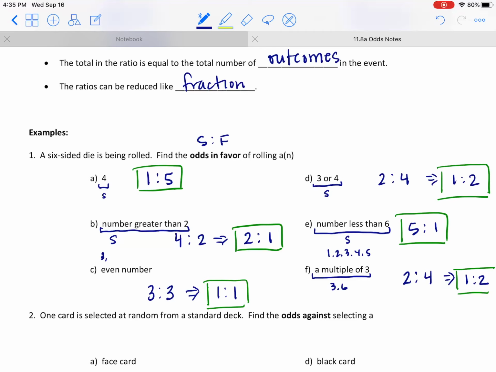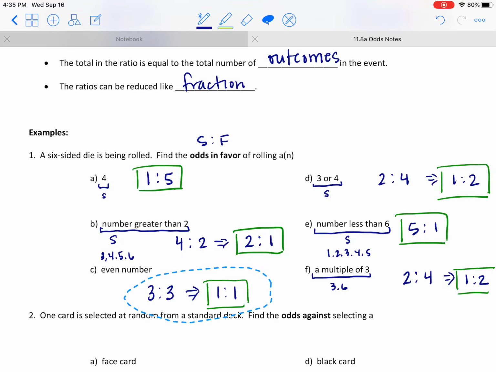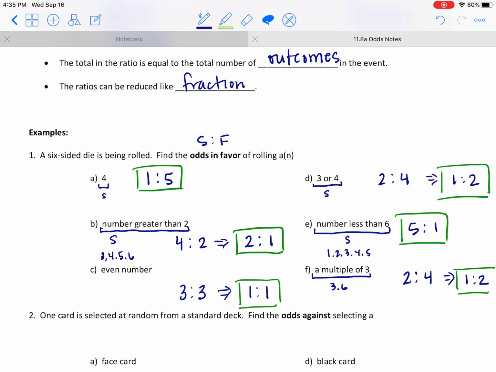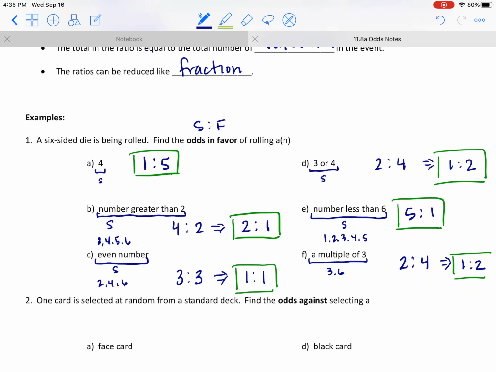And that would be 3, 4, 5, or 6. That's where those 4 options came from. And lastly here, an even number would be a success, so your successes were 2, 4, or 6, so 3 options. Okay?